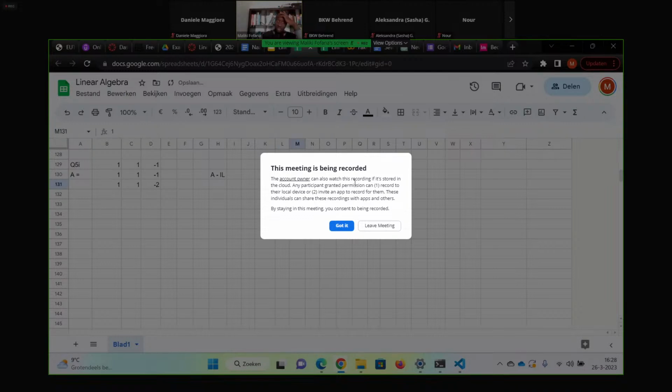And if I multiply everything by lambda, so also my identity matrix, I know the diagonal will be lambda, and the zeros stay the way they are. So I can change these diagonal entries to lambda.